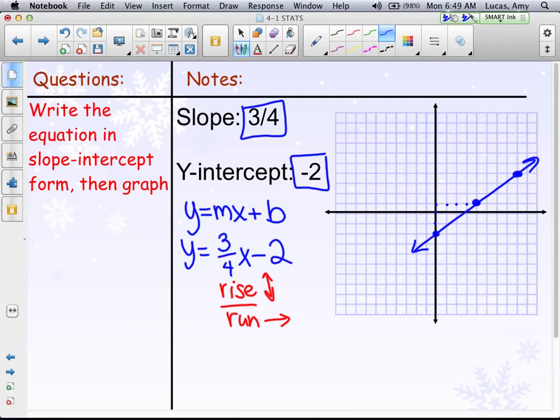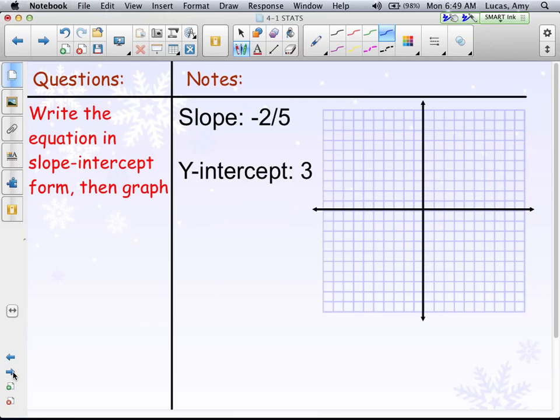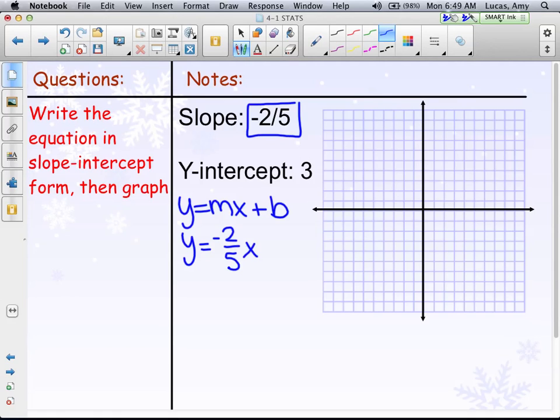Another one like that. So write your equation in slope-intercept form. Slope, -2/5. So put that where the m is in front of the x. Intercept, +3. Start your line at the intercept, and then use the slope, -2/5.